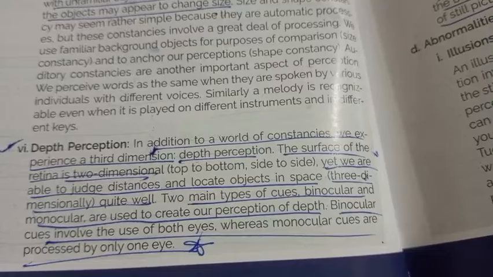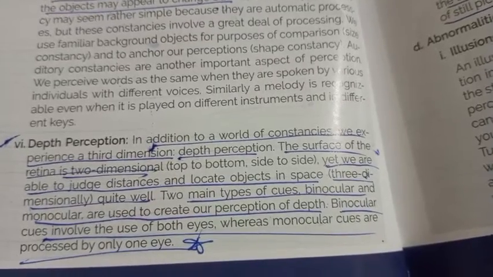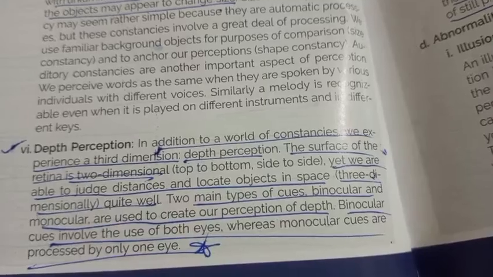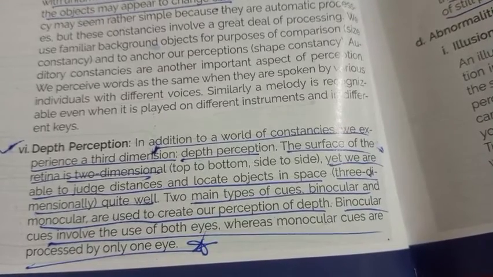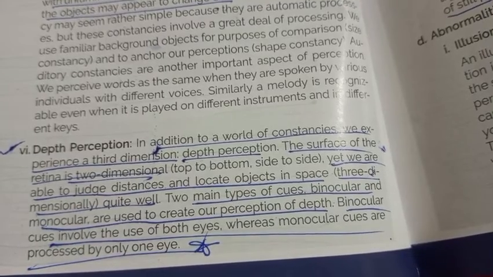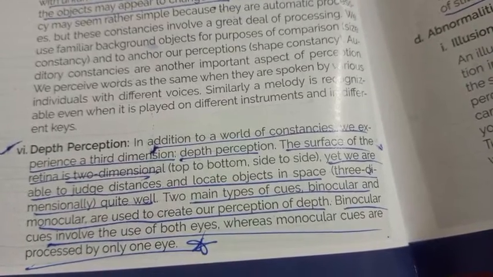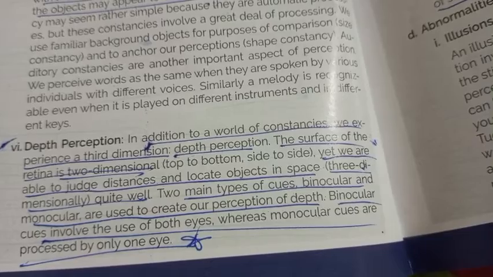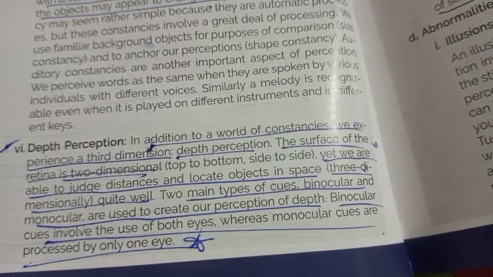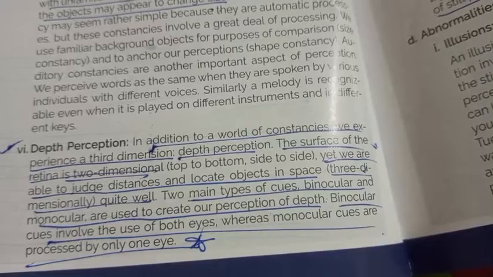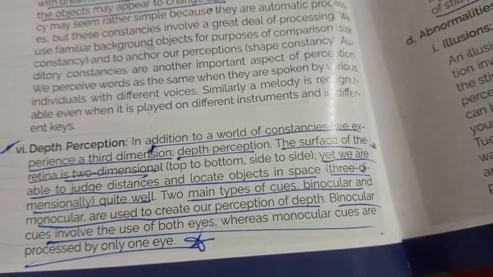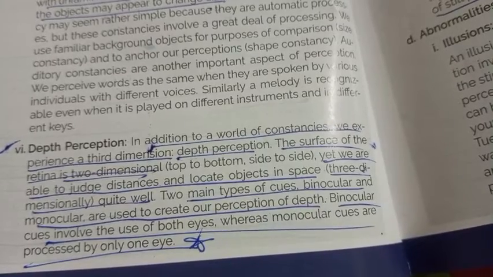Depth perception. In addition to a world of constancies, we experience a third dimension, depth perception. The surface of the retina is two-dimensional, top to bottom, side to side, yet we are able to judge distance and locate objects in space three-dimensionally quite well.